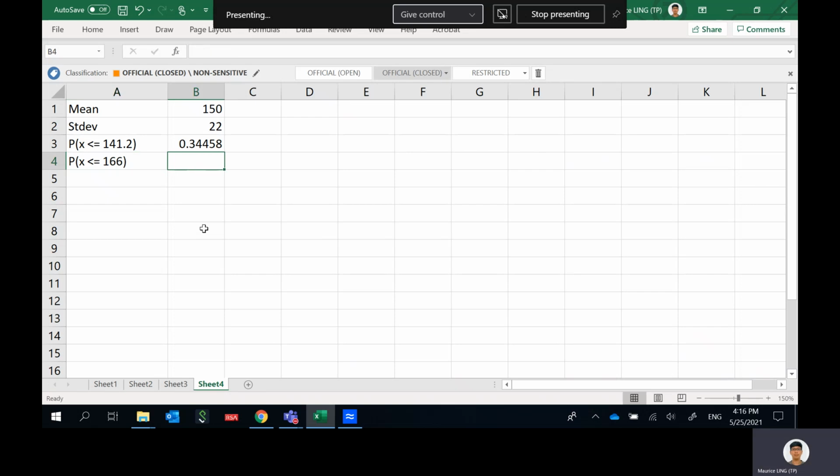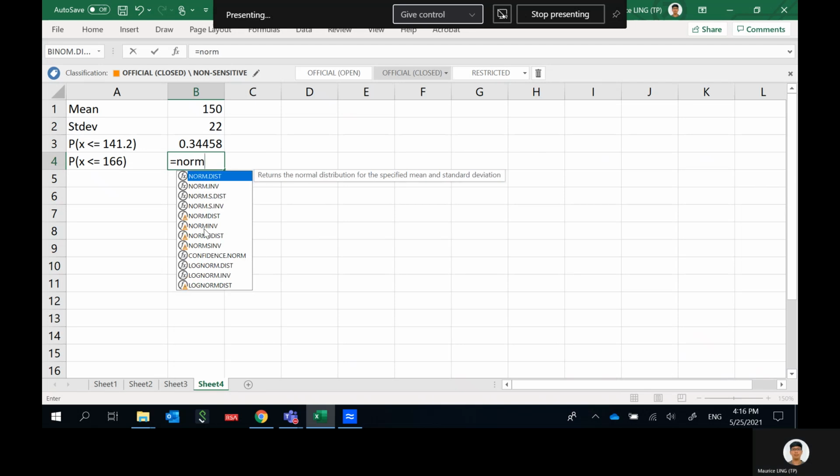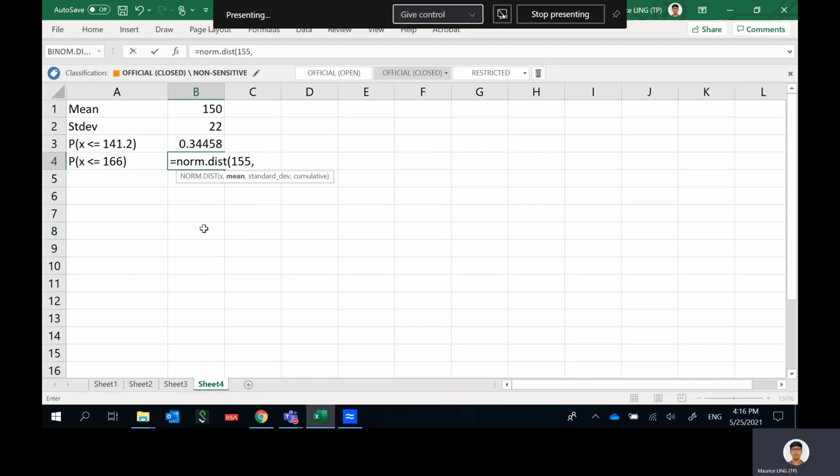Try this yourself. Okay, so you get 0.7665, about that.